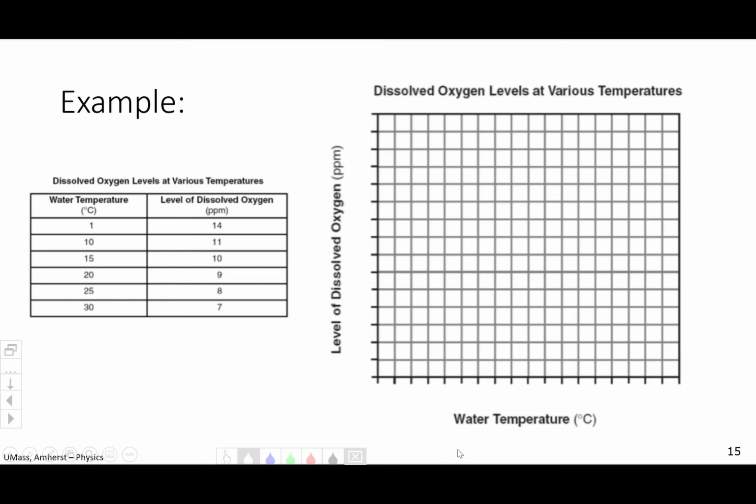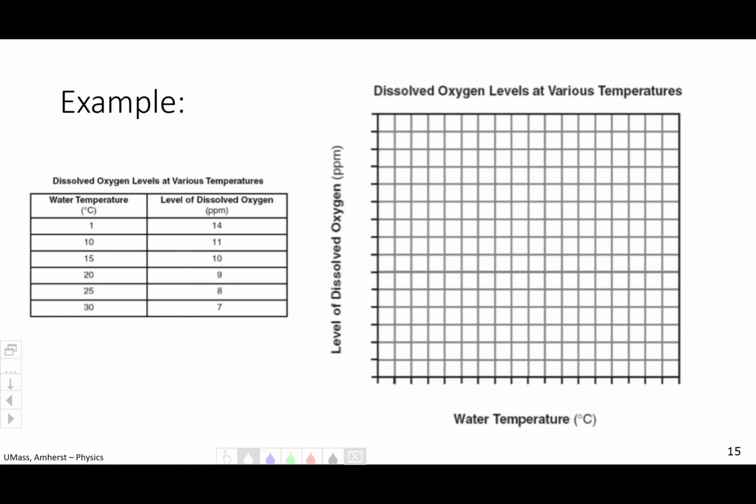I'll pause for a second here and talk about which thing you should graph on which axis. The x-axis, the horizontal axis, is always going to be what's called the independent variable. When you're taking actual data in science, I like to say that the independent variable is the thing that you can directly control.